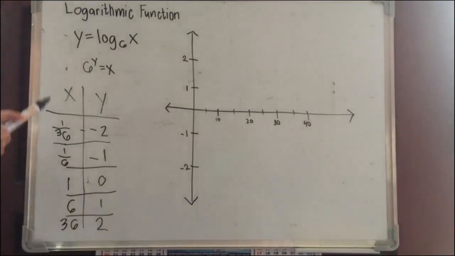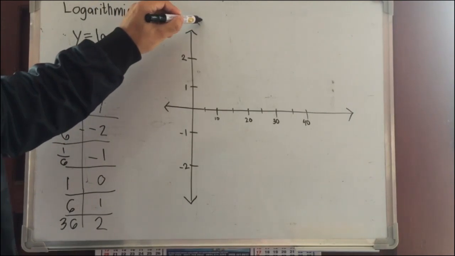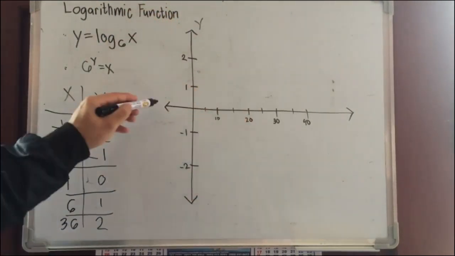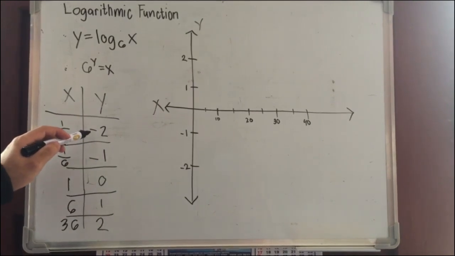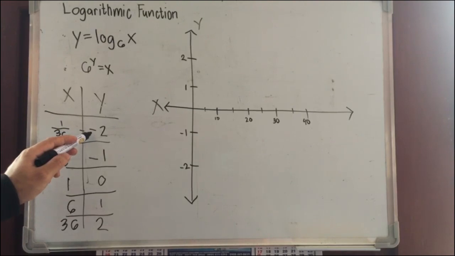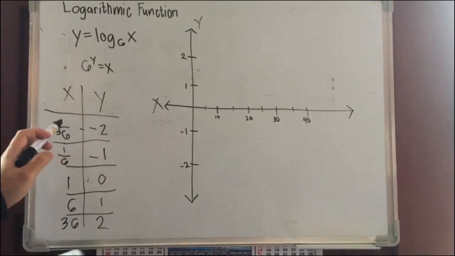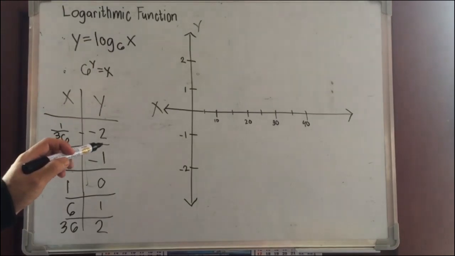So let's start. So this is our y-axis and x-axis. So the points are negative 2 and 1 over 36.